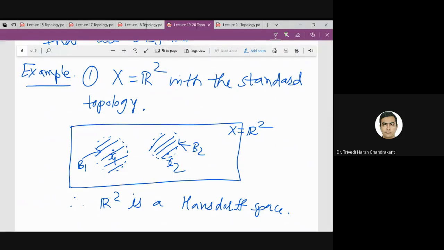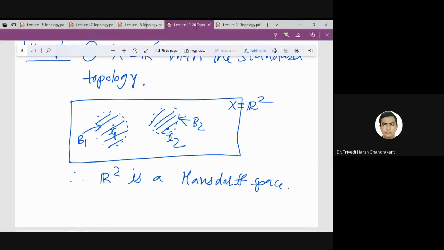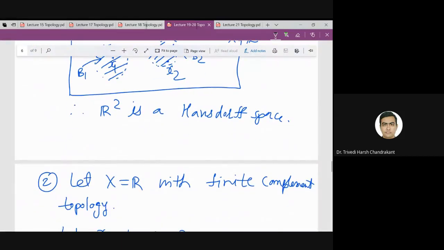The open sets we select in R2 can be open disks in particular. Even if we want, we can consider two different rectangular regions, but open disks are the simplest because these are the basis elements. So R2 is a Hausdorff space.